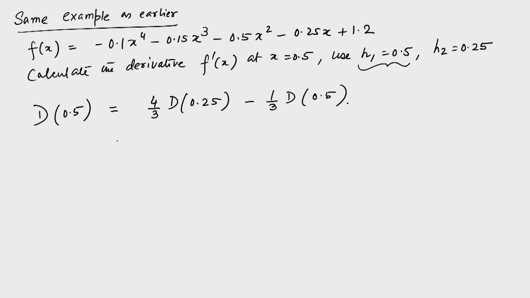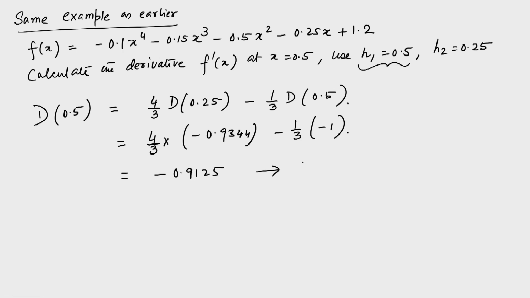So, this is the thing. Now, you have to calculate this D at 0.25, for which you can use any of the methods. We have used one particular method, and this is like 4 by 3 into minus 0.9344 minus 1/3 of minus 1, and this is equal to minus 0.9125. So, this is absolutely exact. That of course has made us calculate these two derivatives at 0.25 and 0.5 using the best formula.